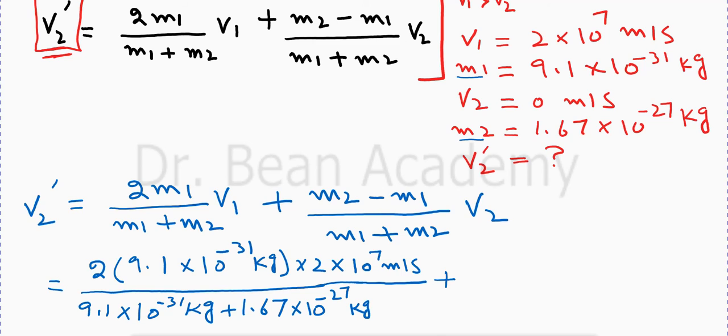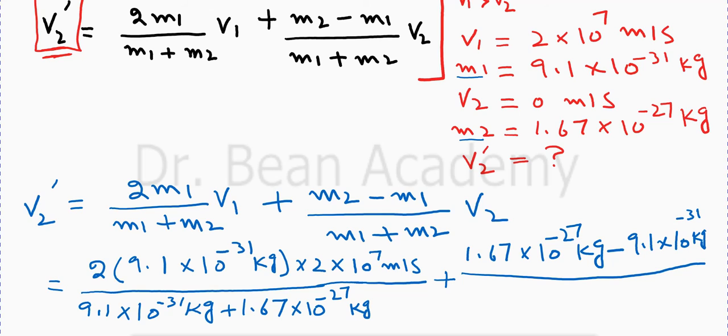So m2 is 1.67 × 10^-27 kg minus m1, 9.1 × 10^-31 kg, and below is the addition of these masses, so I can write it very quickly.